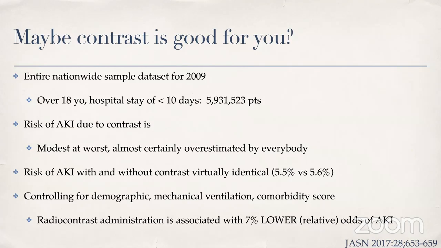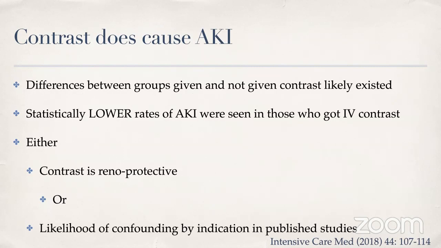One of the arguments they brought for that is this study that was published in JASN showing that the bottom line, the contrast was associated with a lower risk of developing AKI, to which their argument was, if that's the case, you either have to believe that contrast is renoprotective, which is a bit of a stretch, or that there's a high likelihood of confounding by indication in the published studies, despite our best efforts to pick control populations that match the patients who got IV contrast.